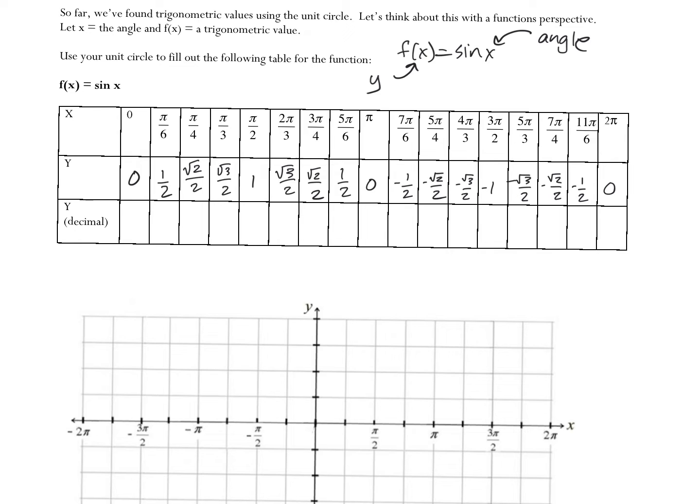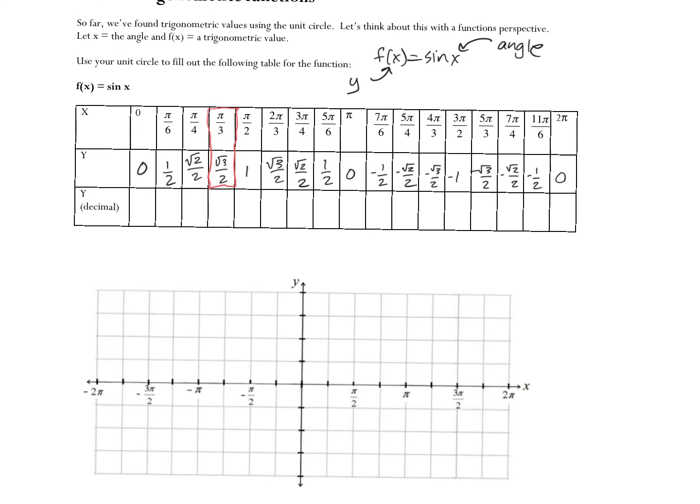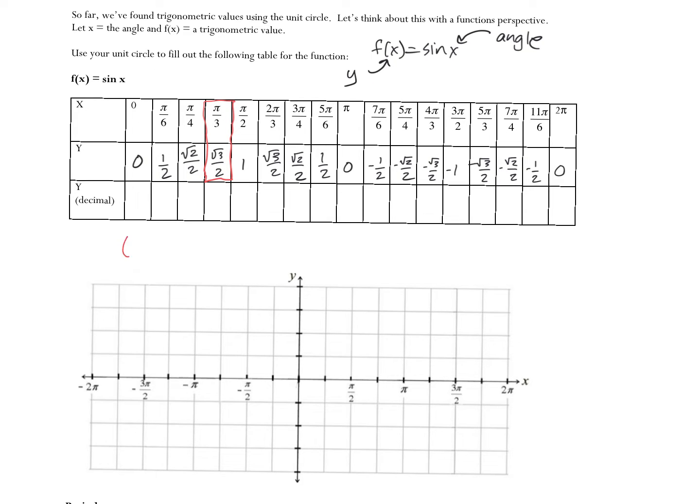Because the difference now, if I look at what we have here, my x-coordinate was that angle, so pi over 3. My y-coordinate is square root 3/2. I now have coordinate pairs I can graph of the function where I put in the angle and I get the sine of that angle out.